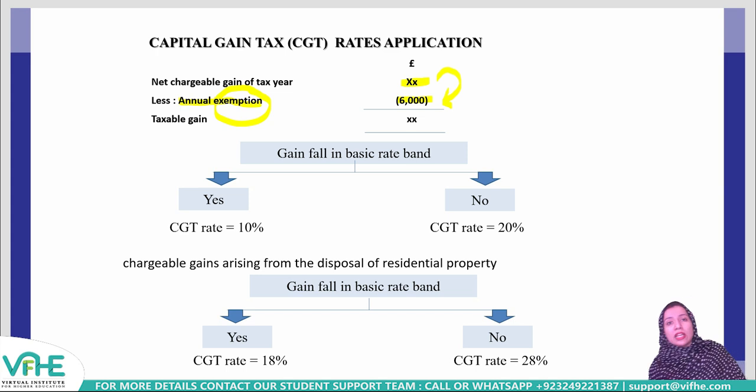There is an annual exemption, as the government says that no tax liability will have to be paid in this case. But where the overall gains in the tax year are found in excess of £6,000, then the excess amount is the taxable gain on which capital gains tax liability for an individual shall have to be calculated.